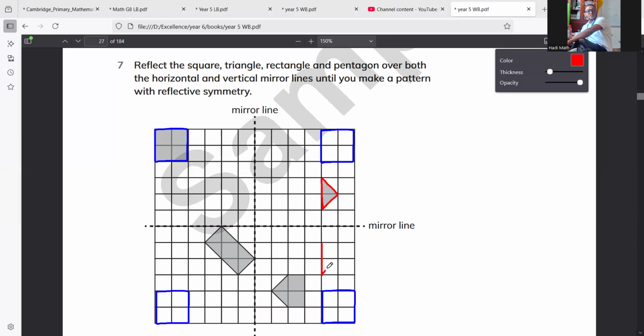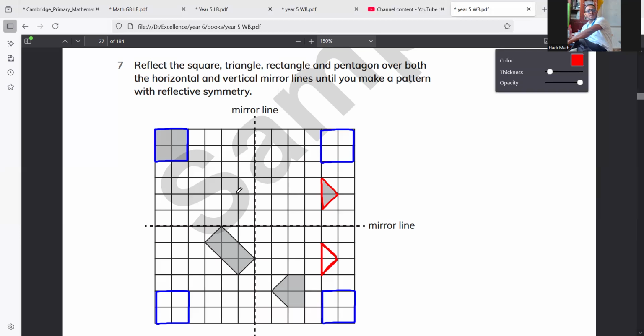Because this is an isosceles triangle, when you do it up and down, we don't feel there is a change. And if you want to reflect it over this mirror line, see how far it is from the mirror line: one, two, three, four.